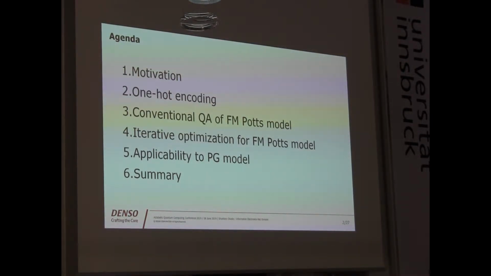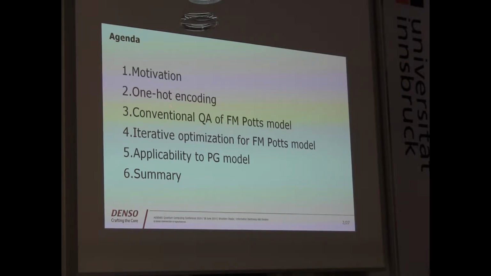Here is the agenda of this talk. First, I talk about the motivation of this study. Next, I briefly explain one-hot encoding, which is typically used to solve integer optimization problems using the deep quantum annealer. And thirdly, I show a first-order phase transition occurs during quantum annealing of the ferromagnetic Potts model, indicating quantum annealing cannot solve the ground state search of the ferromagnetic Potts model.